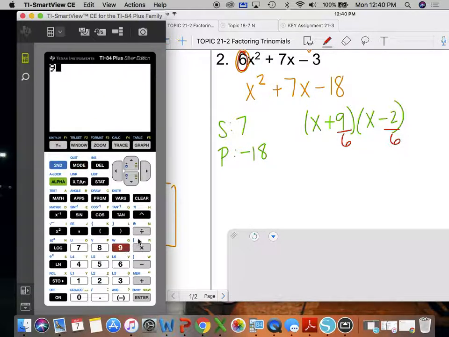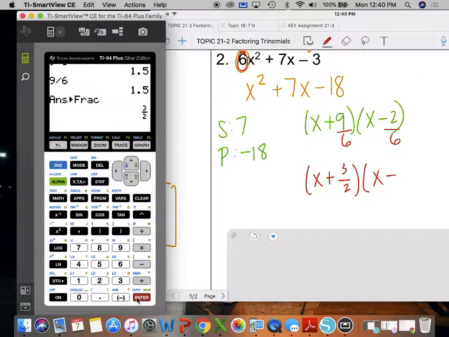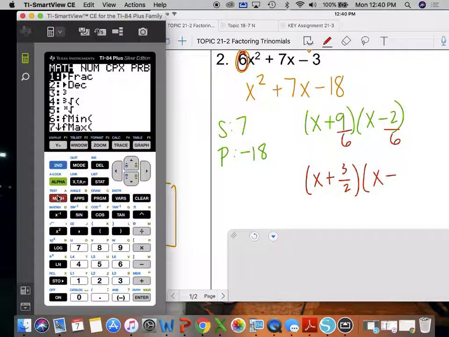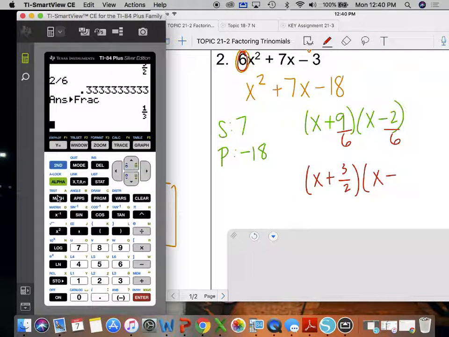So in my calculator, 9 divided by 6. Math inner is the fraction 3/2. And 2 divided by 6 is a decimal, so math inner is the fraction 1/3.